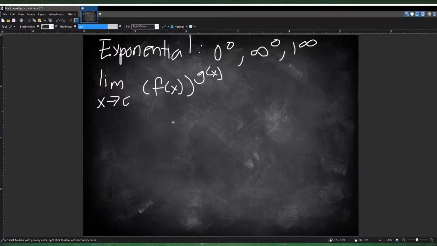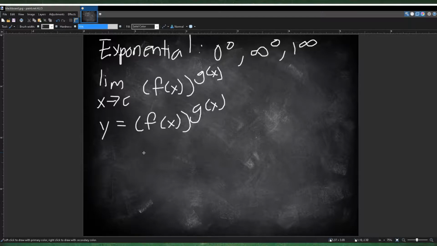Well, basically, all you have to do is let's just say f of x to the power of g of x is equal to y.